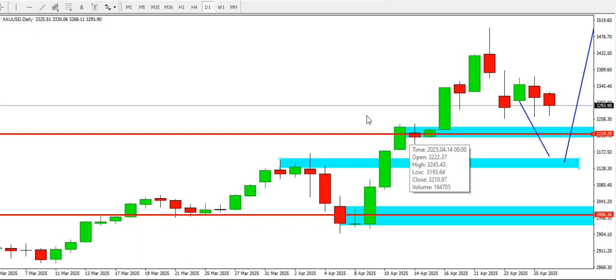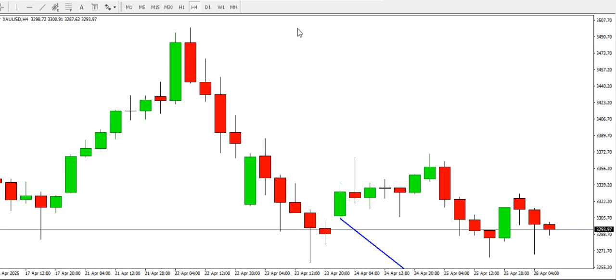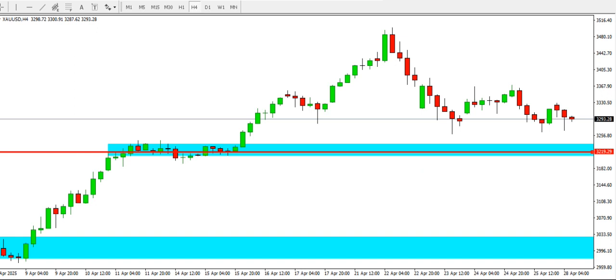For the 4-hour time frame, we can see that price is ranging. If not for this range, we would have concluded that price gave us a head and shoulder pattern, where this is taken to be the left shoulder, this taken to be the head, and this taken to be the right shoulder.